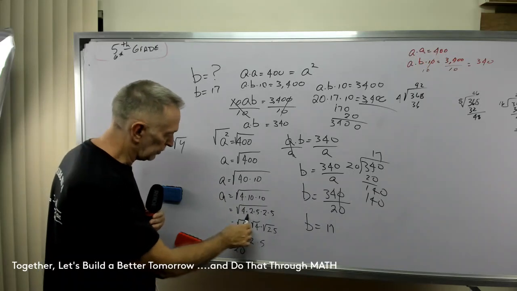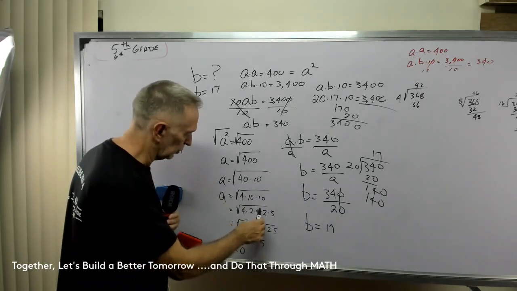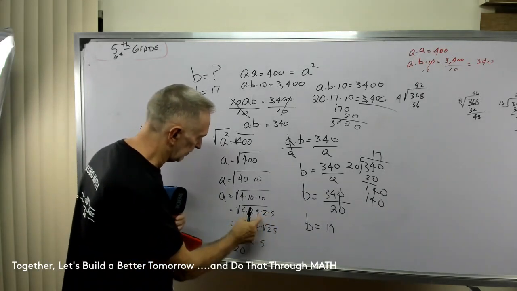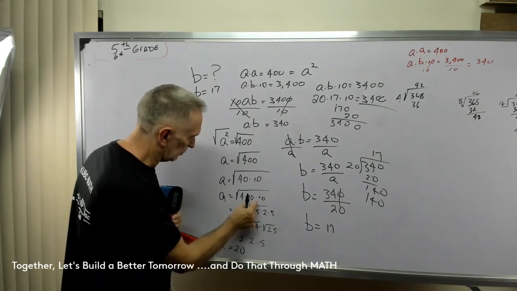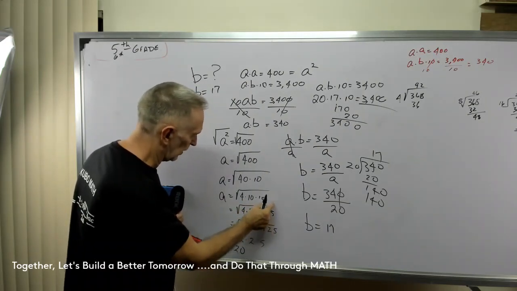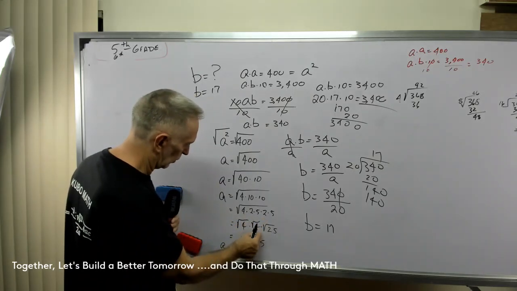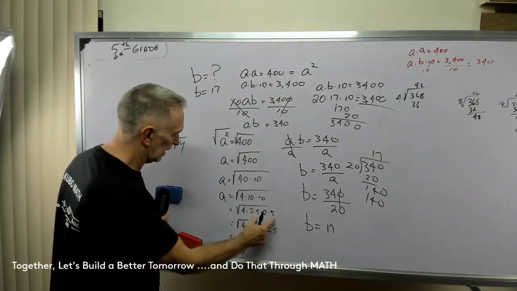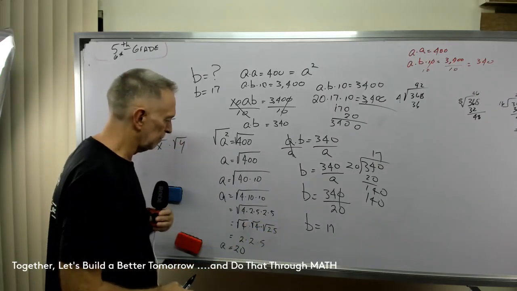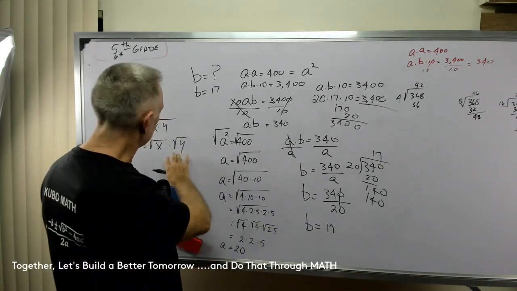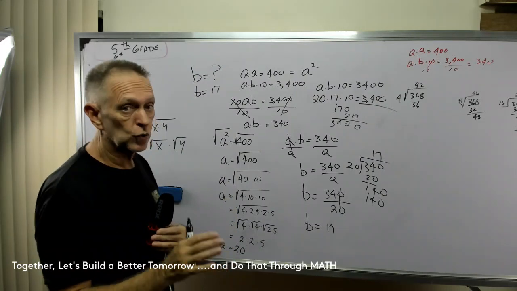Of course, we factored it way down, 4 times 2 times 5 times 2 times 5. So 2 times 5 was this 10, 2 times 5 was that 10. But then I combined the 2's to get one of the 4's, and then 5 times 5 gave me 25. But that was an example of a new square root rule.